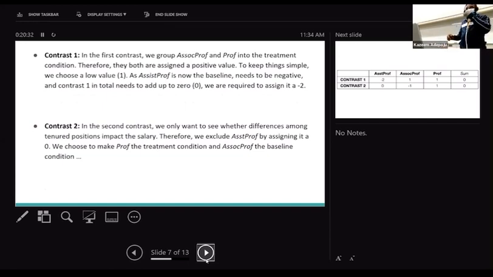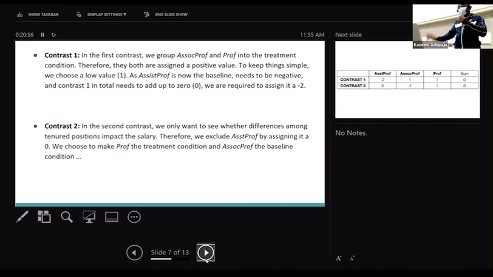Based on the result of that analysis, we realized that rank was significant, which indicates there's a significant difference in the levels, in the cadre of the professors that we considered. We were constructing 2 contrasts because we have 3 levels.